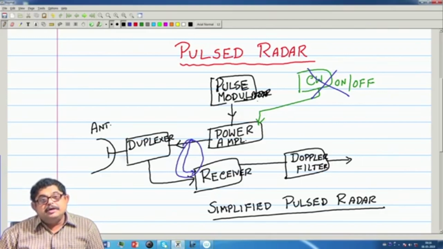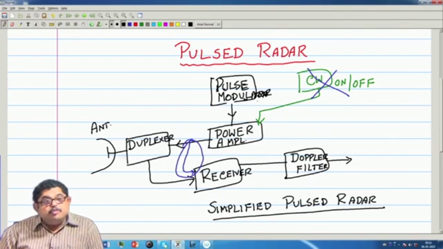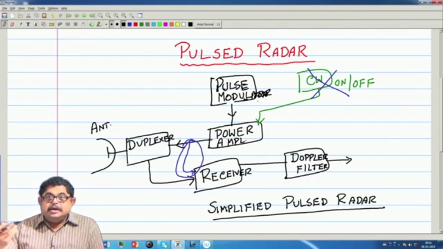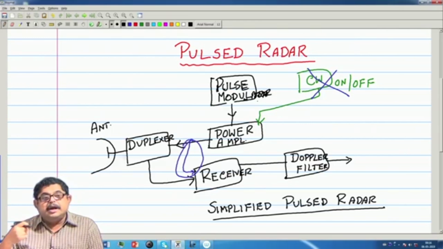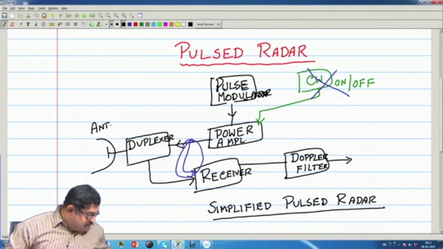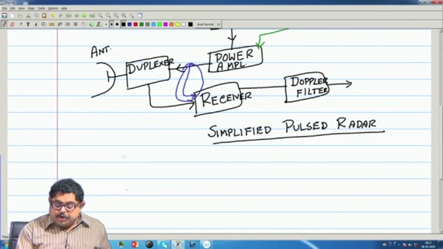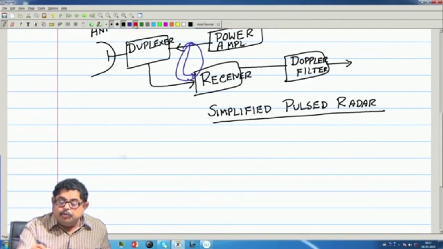Now, previously also we mentioned that a pulse radar can distinguish between a moving target and a stationary target. Now, here we will say that a stationary target, its return that comes to the radar, is called by a term called clutter. So, this is an important term, what is clutter.